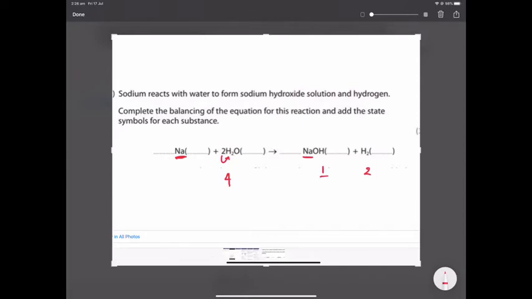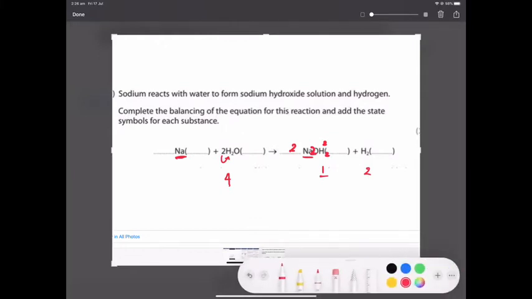So the odd number here is the 1, so to turn it into the smallest even number we have to multiply it by 2. Remember, the only place you can put numbers is at the beginning of each substance. You can't put them at the top, at the bottom, or in between. So that 2 now multiplies all of what comes after it immediately.